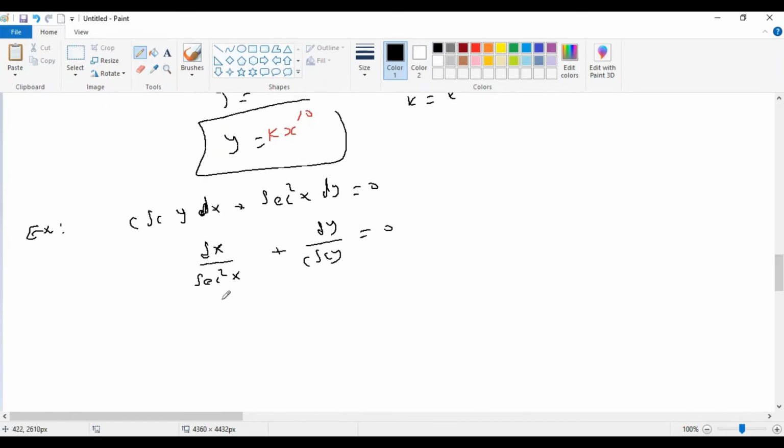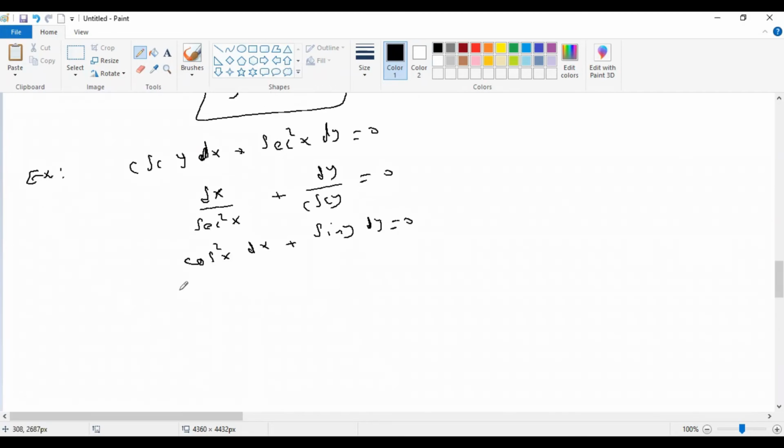Now see, students, secant squared gives cosine squared x dx, and this one will be plus sine y dy equal to 0. Then the integral of this one plus the integral of this one is equal to c.